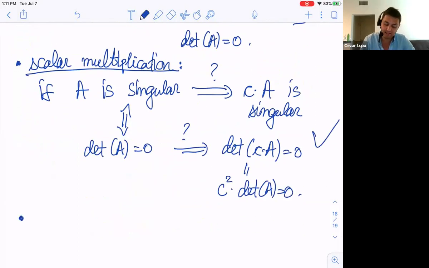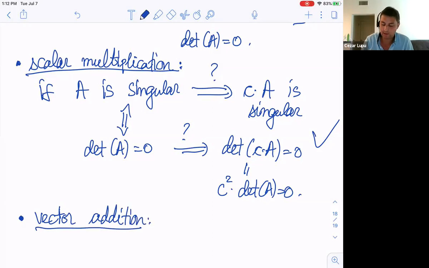Now, since this is satisfied, but I said that this is not a subspace, this implies that the other one will not be satisfied. So I was not looking at the right property. Let's look at the vector addition. So indeed, we have closure under scalar multiplication, but maybe we don't have closure under vector addition.